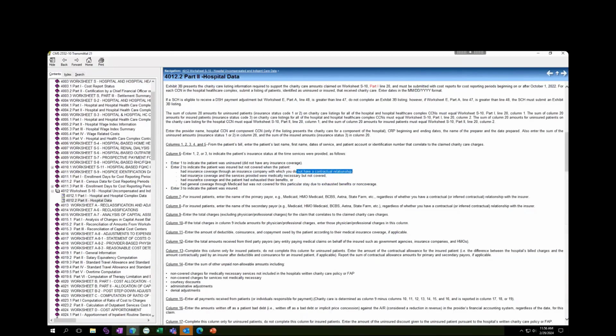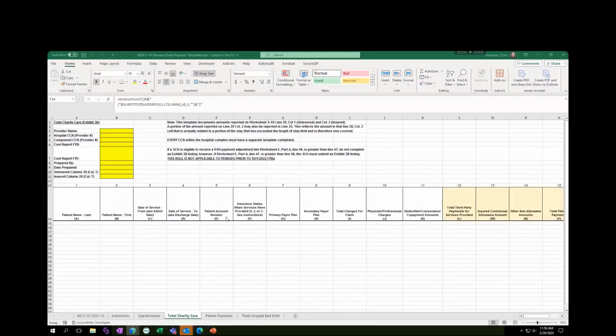Maybe they were medically necessary, but that particular service just wasn't covered under that plan. Maybe they've exhausted their benefits, or maybe it was Medicaid and they exhausted their benefits. That's what 2 is all about. It's just basically to let us know that there's probably more risk there, more we need to look at. That's what the 2 status is all about.